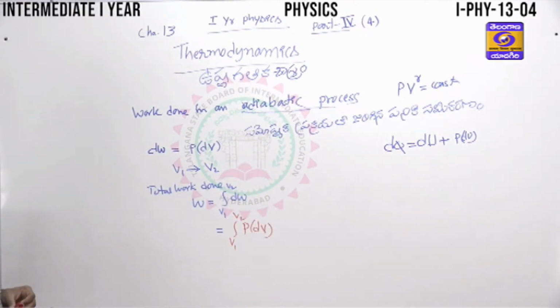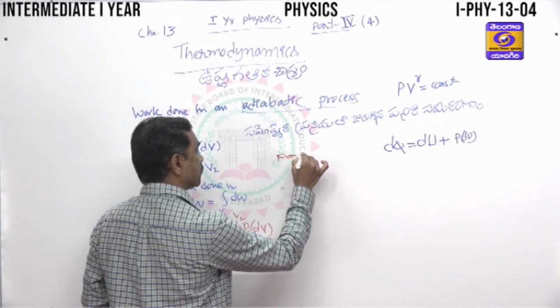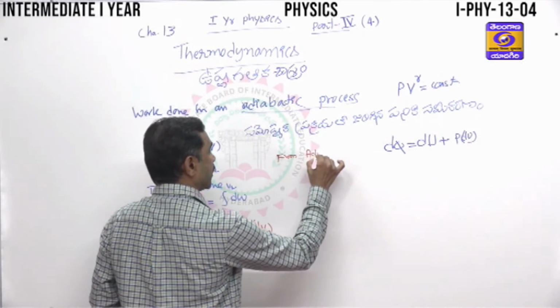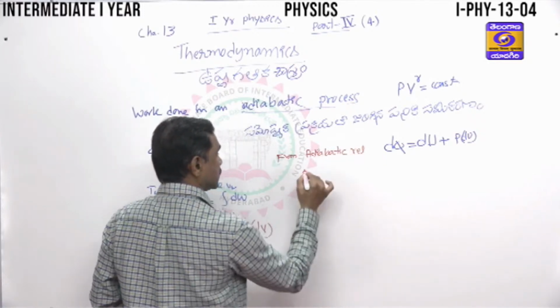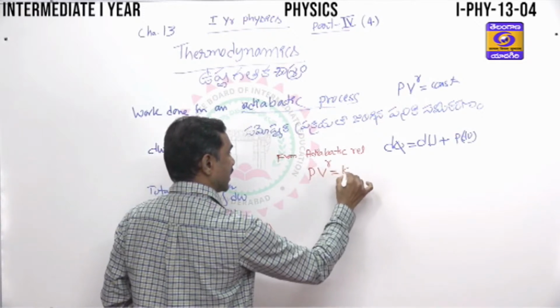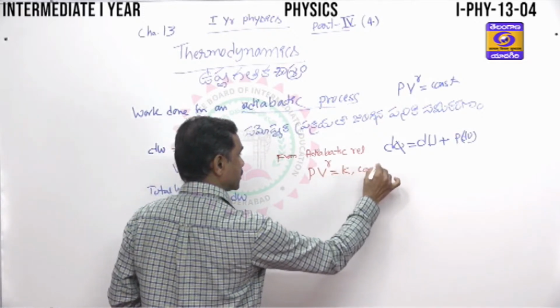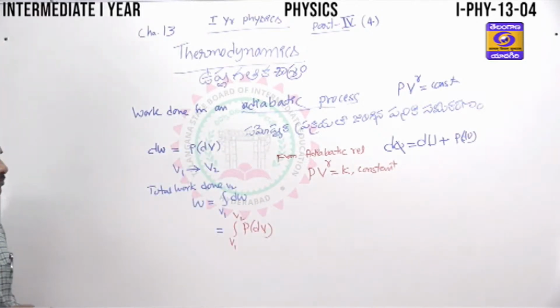So now, what is an adiabatic relation? As we already know from adiabatic relation, PV power of gamma is K, constant. This we already discussed in the previous part.